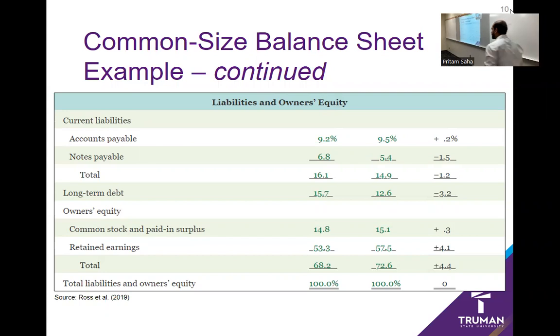And as a result, their equity exposure is going up. Maybe they're trying to keep more retained earnings, right? So this is giving us an easy way to compare, right? Raw numbers don't let us compare over time, and also compare one corporation with another, right? So this is one of the benefits of common sizing.